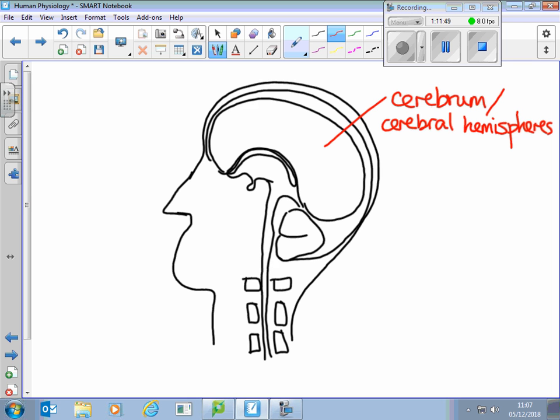But the cerebral hemispheres, these have what I would describe as three main jobs. You can map out areas of sensory input. You can point at a bit and say, that is the area that deals with incoming sound, or that is the area that deals with the sense of touch from the tip of my left little finger, or my right big toe, or the middle of my back. And you can map it out.